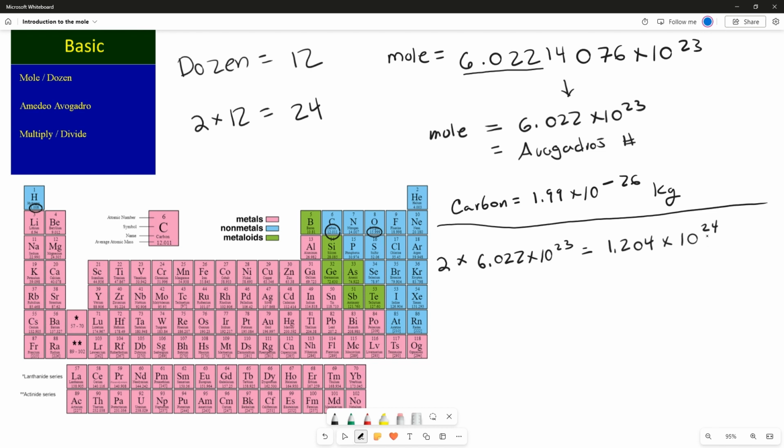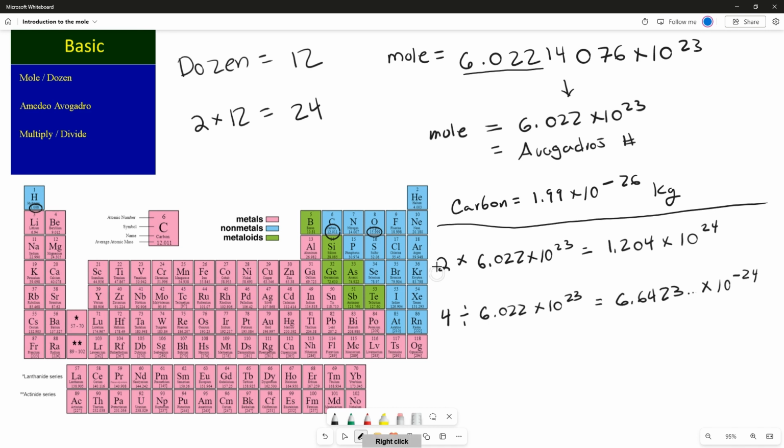Now, when you divide, if you take 4 and divide it by the number mole, 6.022 times 10 to the 23rd, you should get 6.6423, and then a couple numbers after that, but that's not super important, times 10 to the negative 24th. If you are getting anything other than these numbers, especially the exponents, you are putting the number mole incorrectly into your calculator when you multiply and divide.